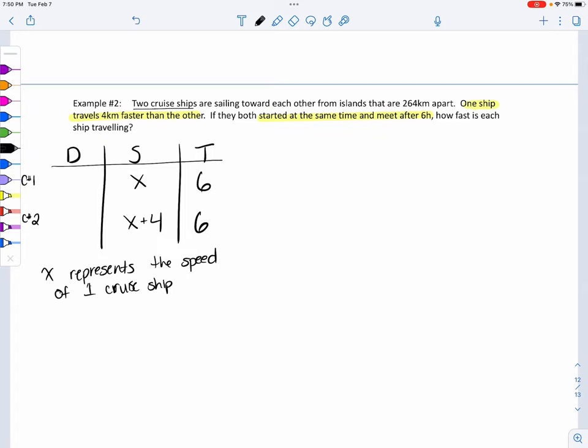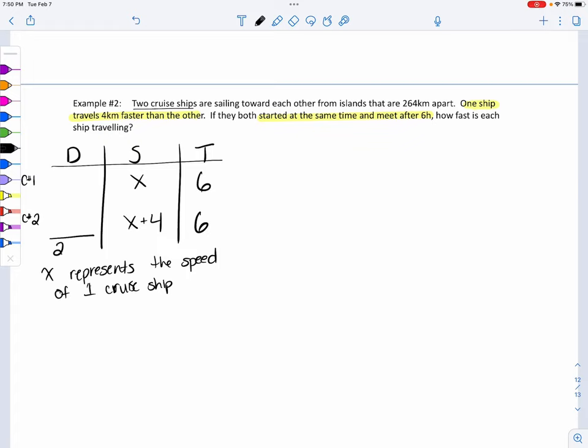Okay. Now, how far did these guys go? I don't know. Does the first cruise ship go 200 kilometers or 100 kilometers and the second one goes 164? I don't know how many kilometers each went. But what I know is the total.